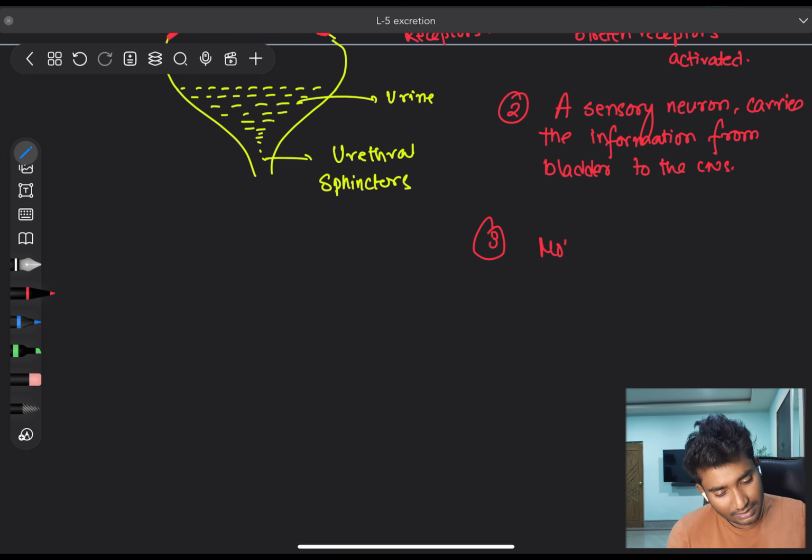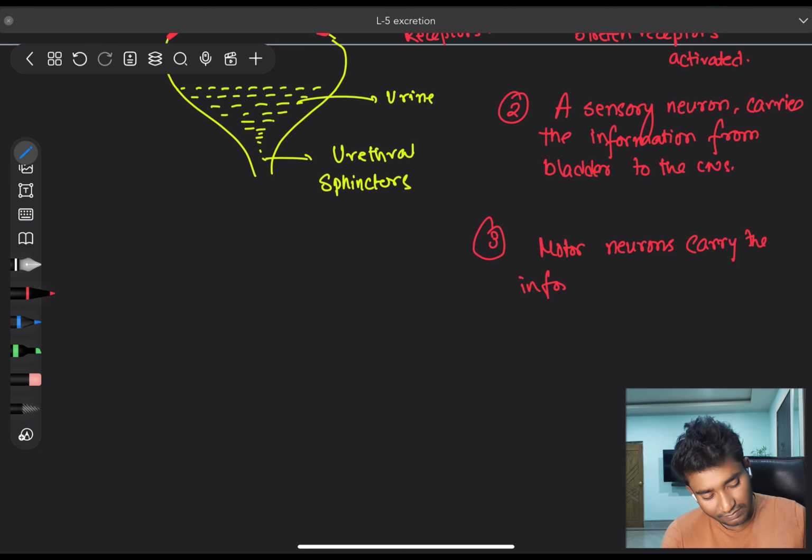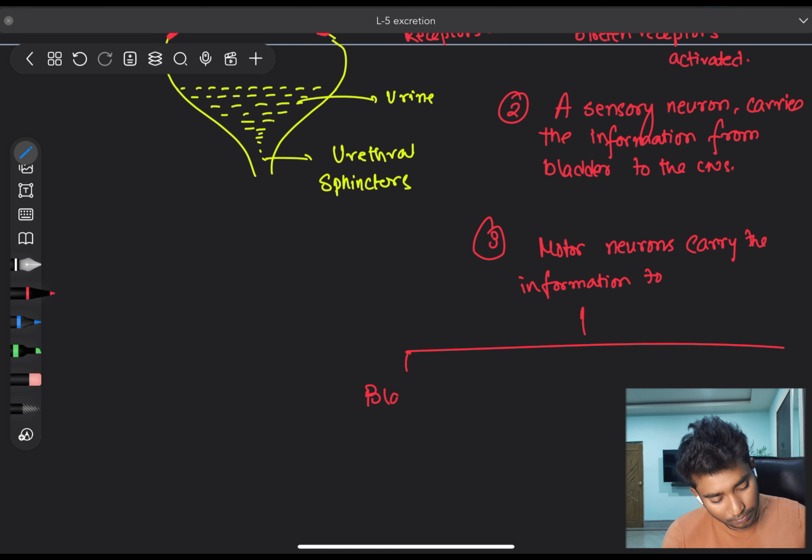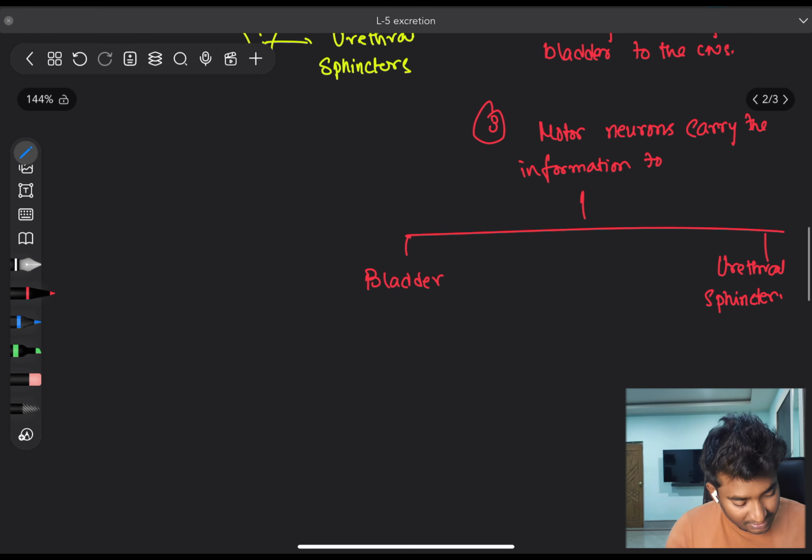Next, the motor neurons carry the information to two parts: the bladder and the urethral sphincter.